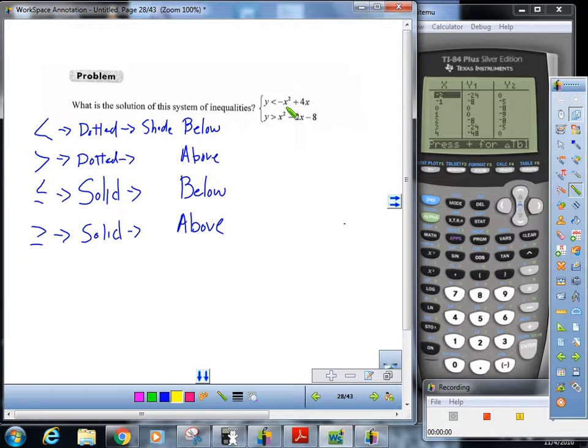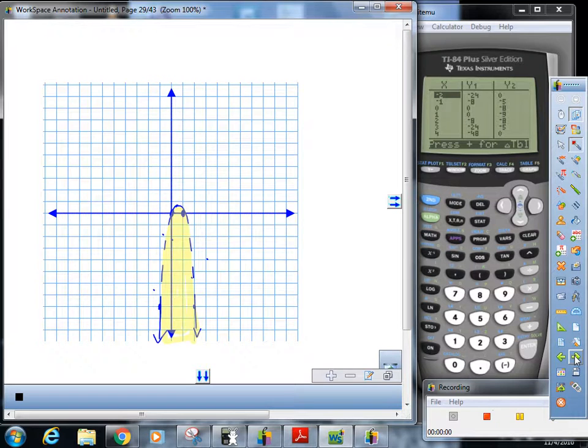Okay? Now, if we look at y2, I'll change that one to red. Y2 has 0, negative 8. 1 comma negative 9. Looks like that's our vertex. 2 comma negative 8. 3, negative 5.